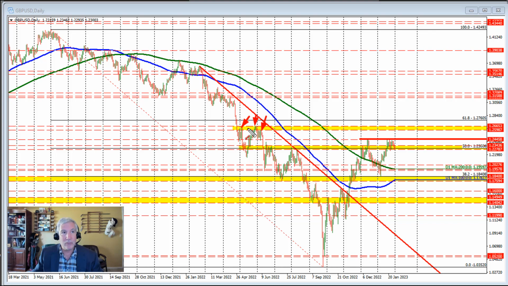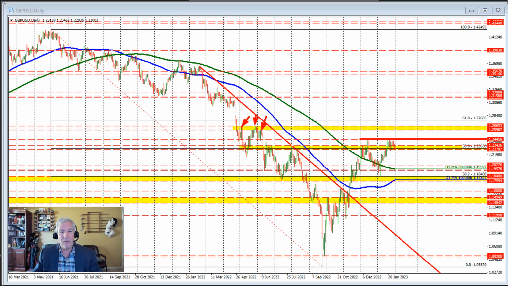Remember, this is a daily chart, so a key area is around 125.98. Let's call it 126. So 124.50, 126, 126.65, and then 127.60 on the topside would be targets to get to and through.